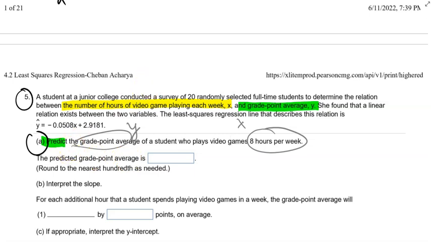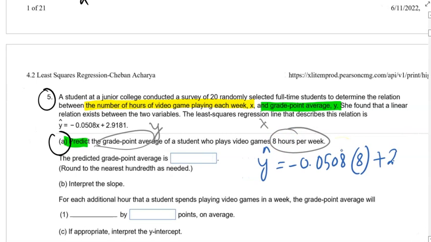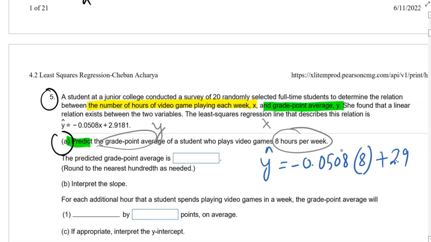Therefore, to find the y hat, you put x equals 8 into this least squares regression line, and this is going to be y hat equals negative 0.0508 times 8, this is the x, plus 2.9181.